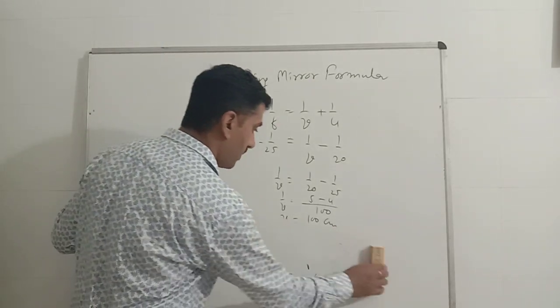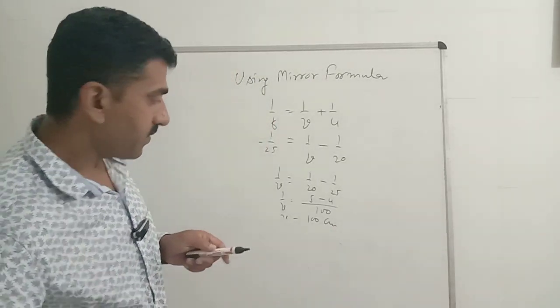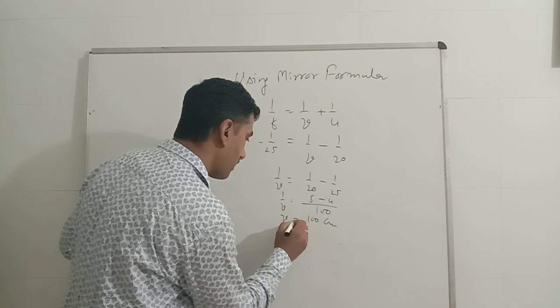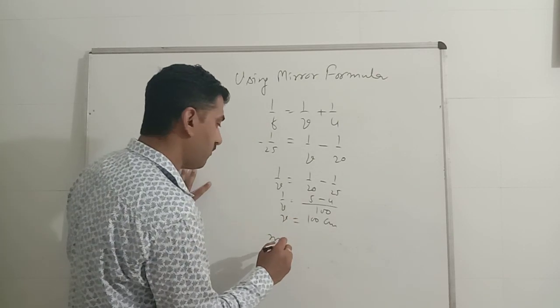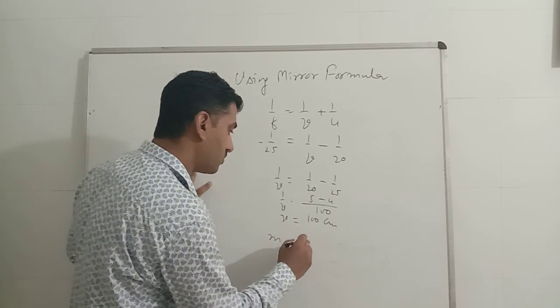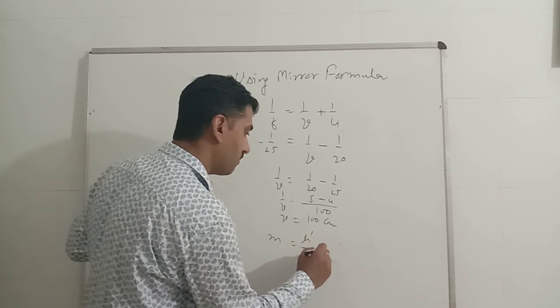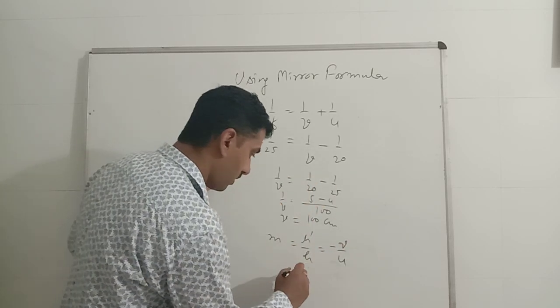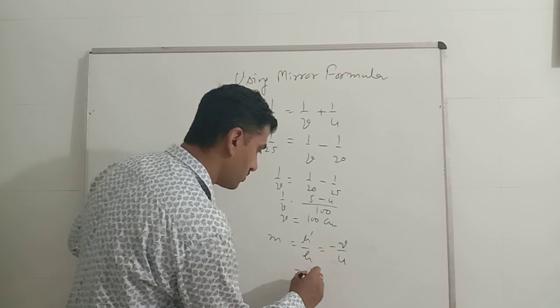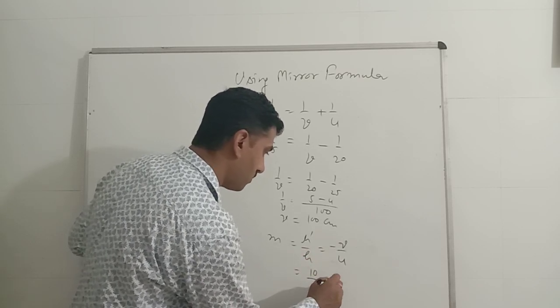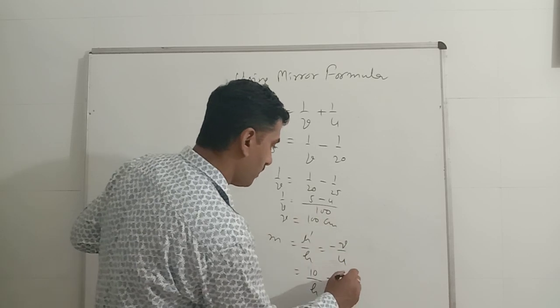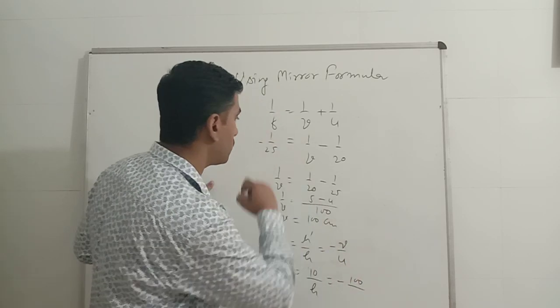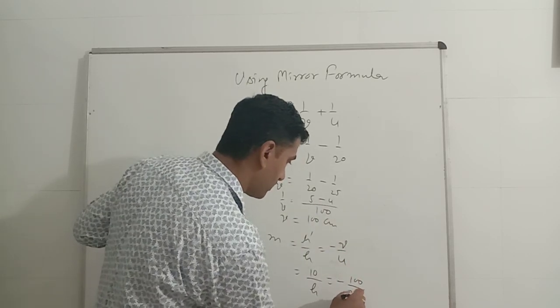The last thing which we have to solve is magnification. Using the magnification formula, m is equal to h dash upon h, which is equal to minus v upon u. So here h dash was 10 centimeter, h we have to find out, minus v, v is 100, and u is equal to 20 centimeters.